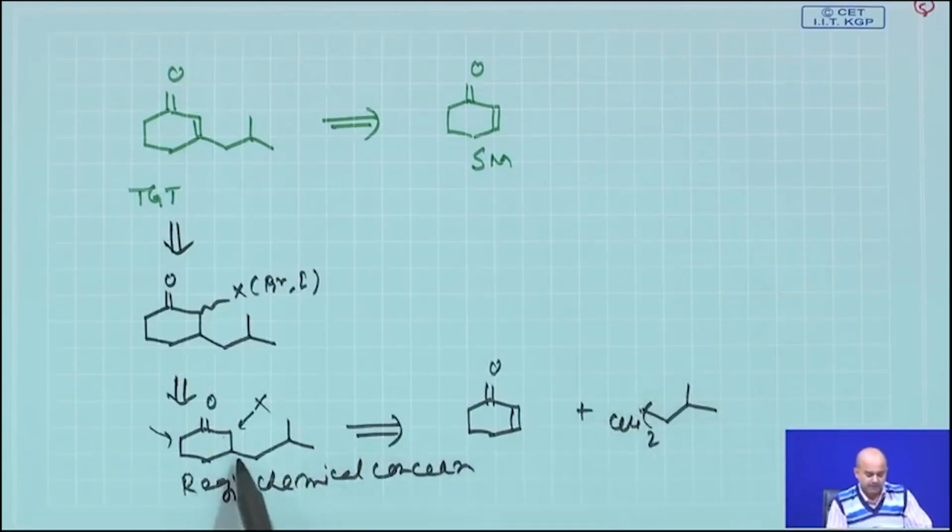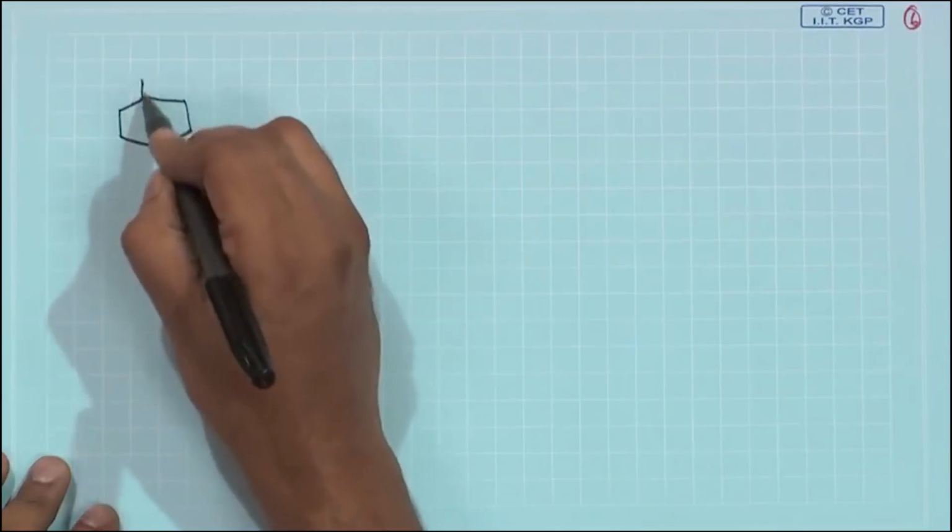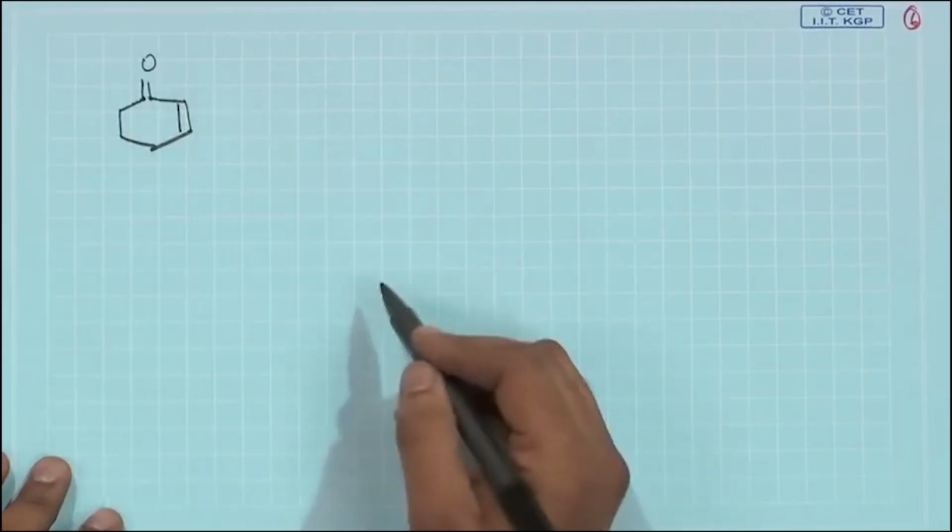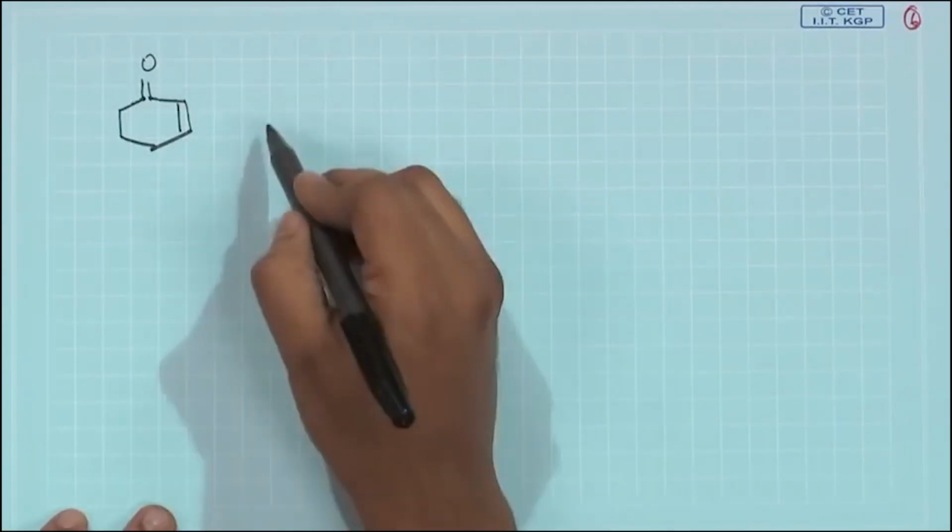But as I said, if this position is blocked by a bulky isobutyl group, your introduction of this electrophilic bromo or iodo alpha to the carbonyl may occur in this position, not here, and then you get this product which is not the target molecule. So, is there another way? Let us try to draw the starting material and formulate if there is another way.